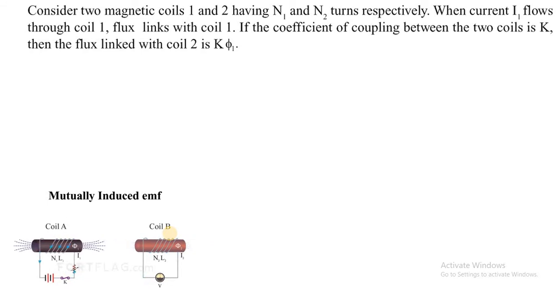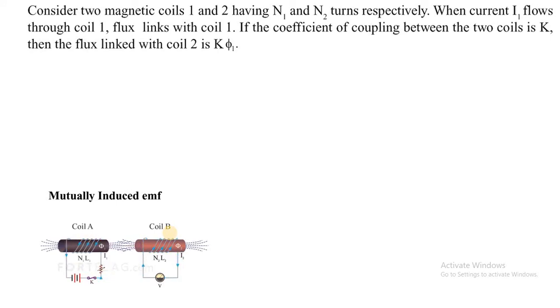Okay. So the flux linked with coil B is K times phi 1. That is nothing but 0.5 times 100, that is nothing but 50. Is it so? The flux linked with coil B is K times phi 1.